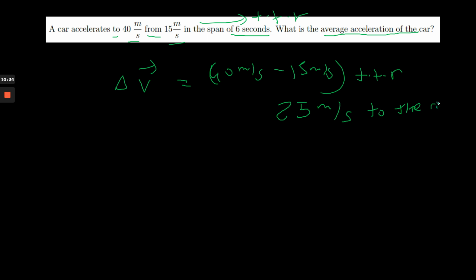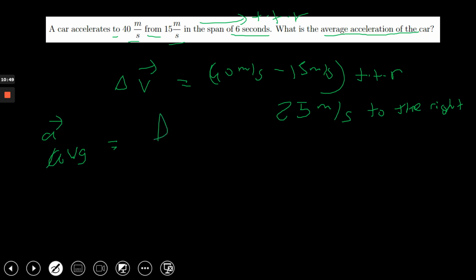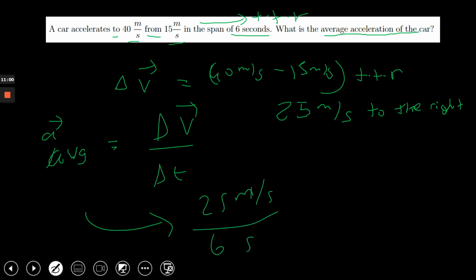And then because we know the formula for average acceleration, average acceleration equals change in velocity over change in time. So the change in velocity is 25 meters per second, and time is 6 seconds.